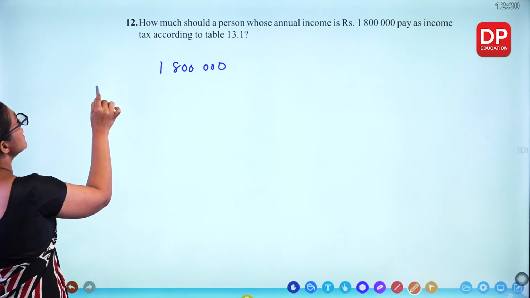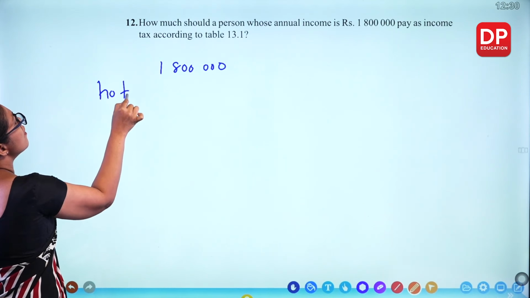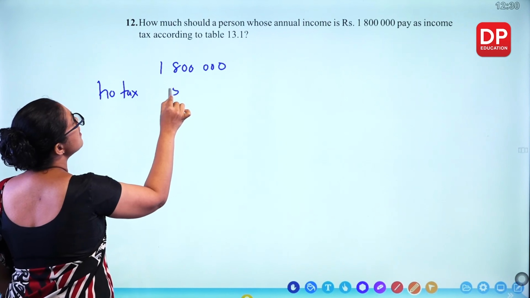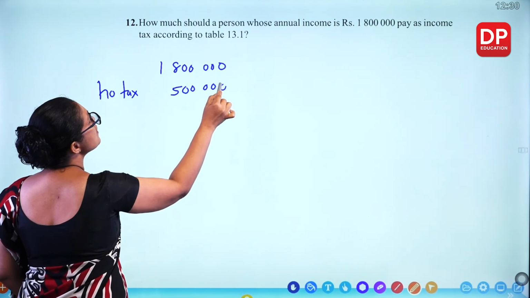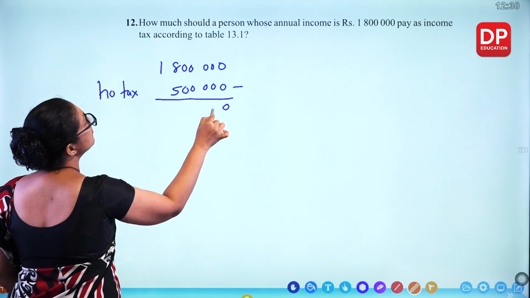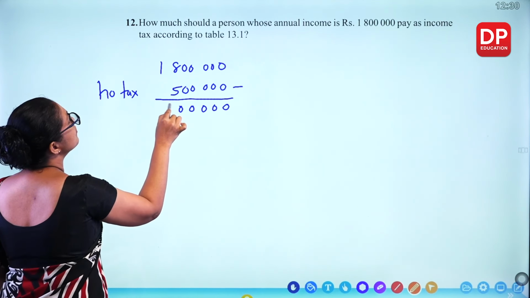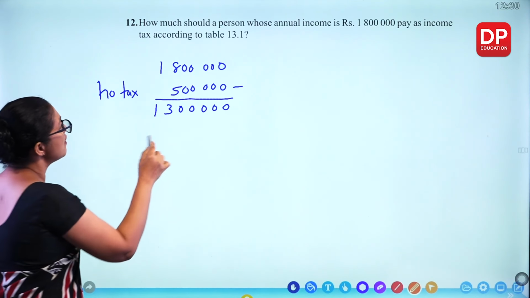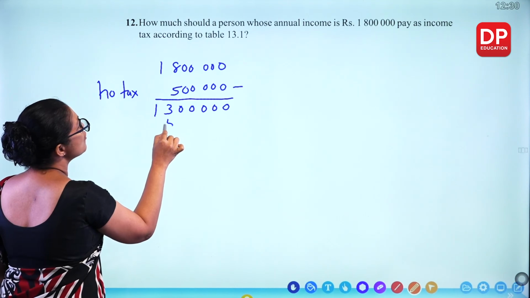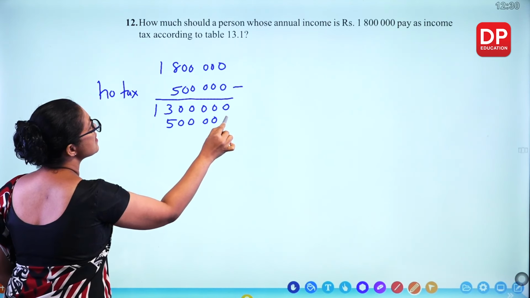So first 500,000, no tax. So we have to subtract that amount. Now for the next 500,000, you have to pay 4% tax.